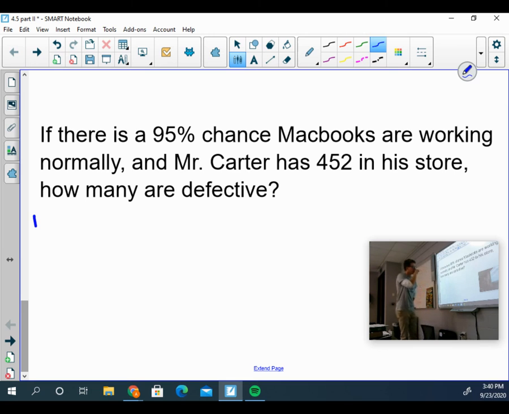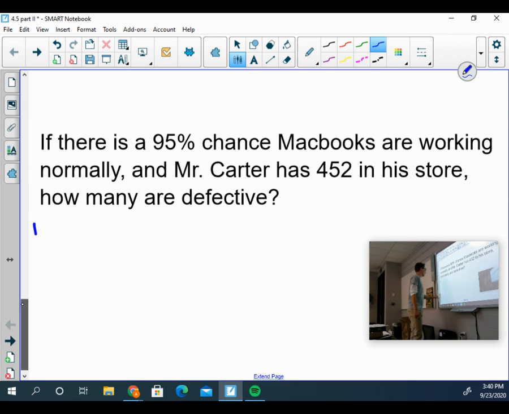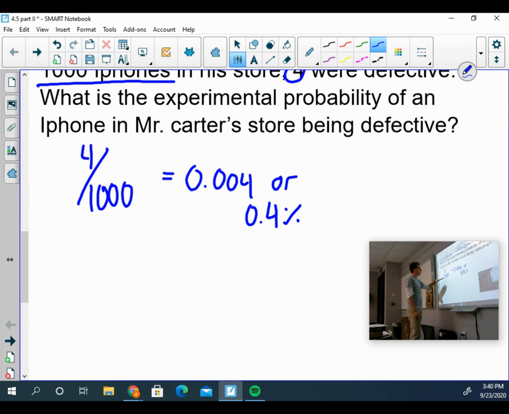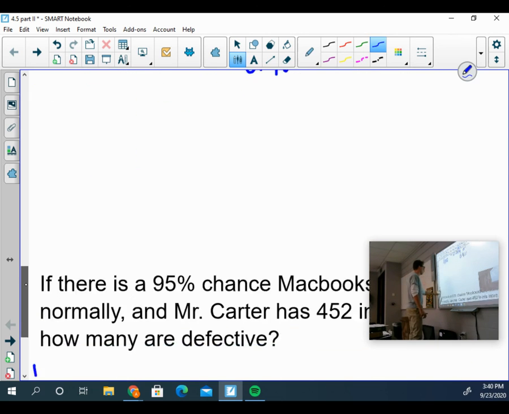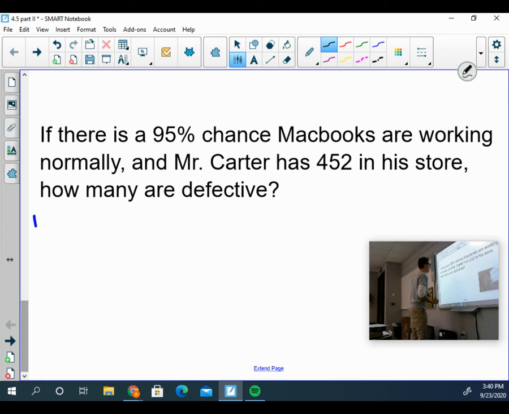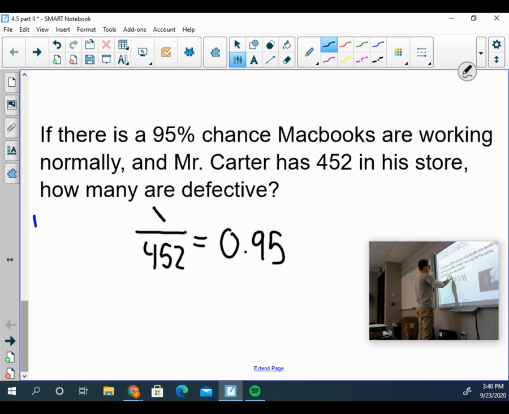Okay, so hopefully you've given it an attempt, and you're going to try and figure it out. What you saw in the last problem that we did is what? We did the number of favorable outcomes divided by all the potential outcomes, and what that gave us was the percent likelihood that something was defective. Now we got a little bit of different info here. We got the 0.95 or the 95% chance, and we know there are 452 in the store, but we don't know how many of those are defective or what the likelihood is, or how many are defective.